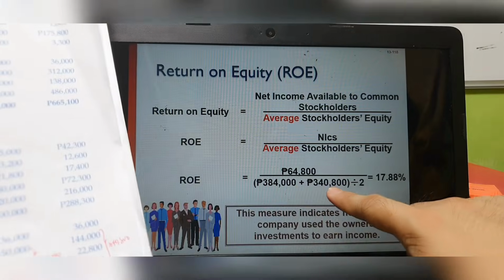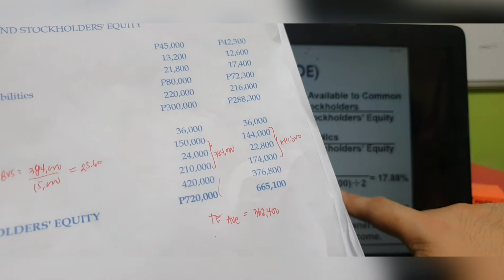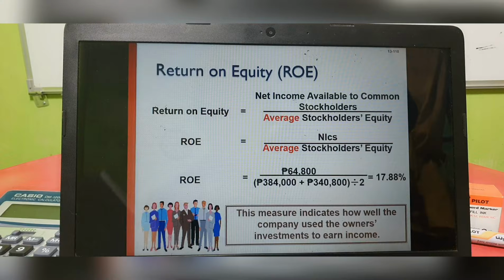Tapos for 2018, 340,800. So, our ROE is 17.88%. Okay, so ito yung interpretation natin dyan. That will tell you how well we are using yung investment ng ating mga common stockholders to earn.